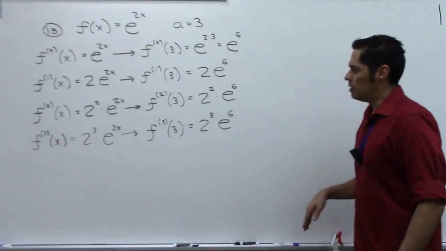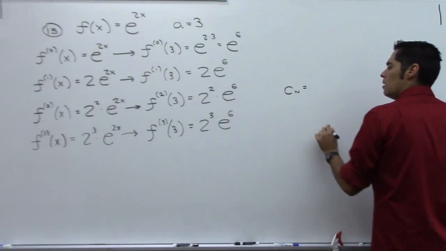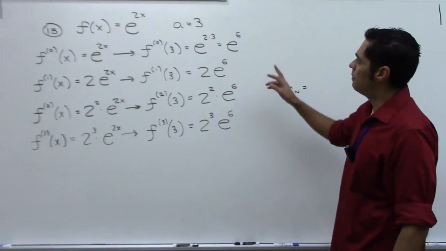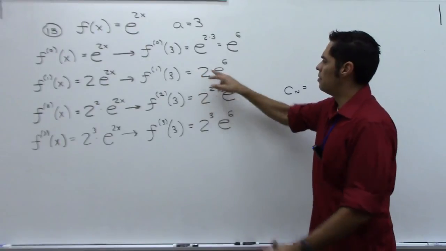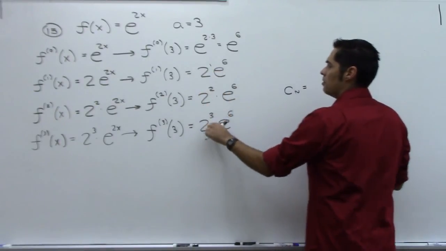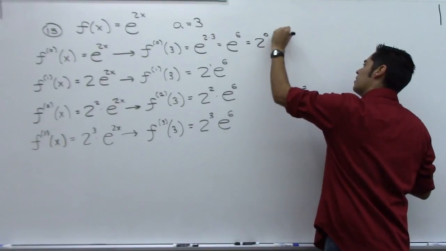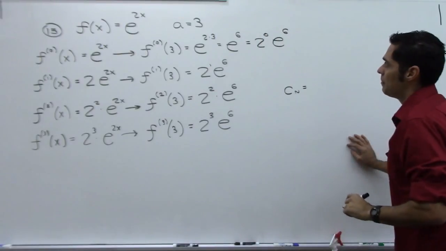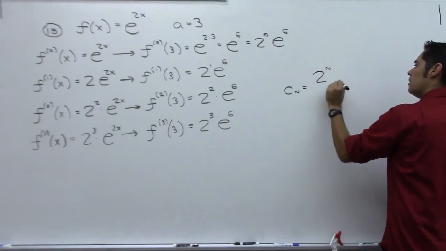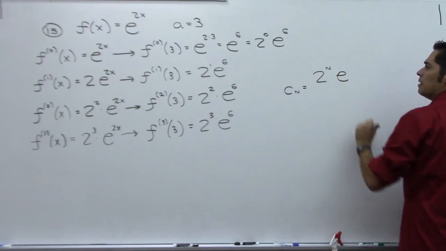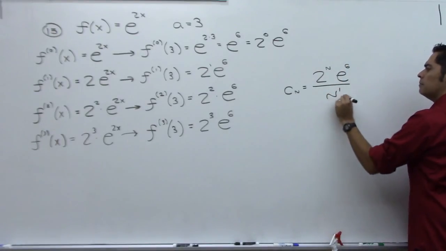And then I keep doing this. So it looks like my c sub n's are going to be, let's see, on the first one, well, here this is 2 to the first, this is 2 to the second, 2 cubed, but this one right here I could write as 2 to the 0, e to the 6th, right? So it looks like my c sub n is going to be 2 to the n, e to the 6th, that never changes in all of them, over n factorial.